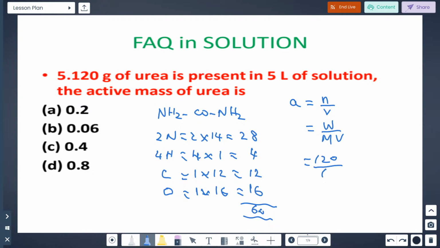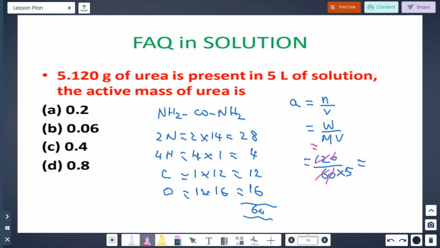So you put it here. Then, dissolved in 5 liter, no? 5 liter. That's why you put 5 here. Understood? If you simplify, you get the answer. So this will be 2 times. Okay. Now 0, 0, cancel. 2 times.